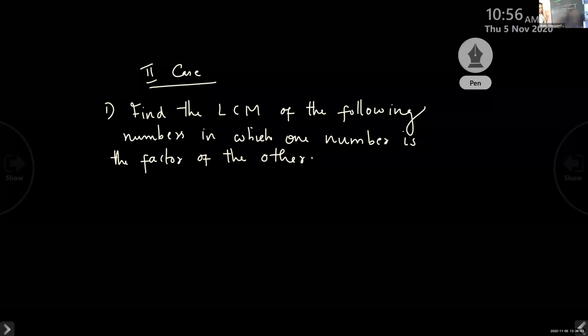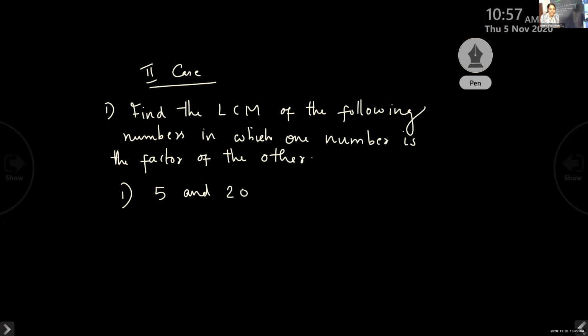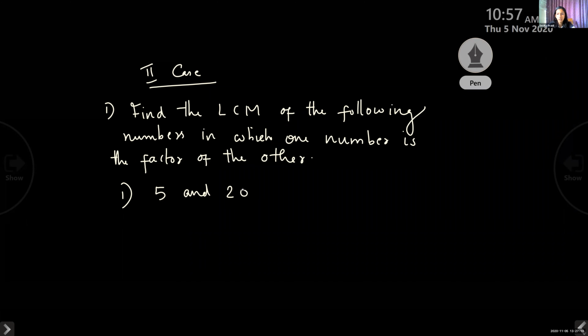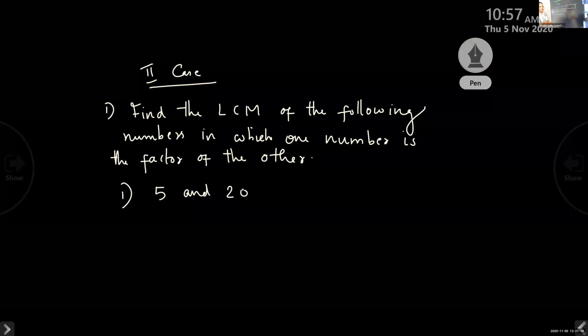Okay, children. One question I will explain. See, 5 and 20. LCM of 5 and 20 we have to find. Is there any connection between 5 and 20? Yes, ma'am. What is the connection, children? 5 stable, then 20 will come.